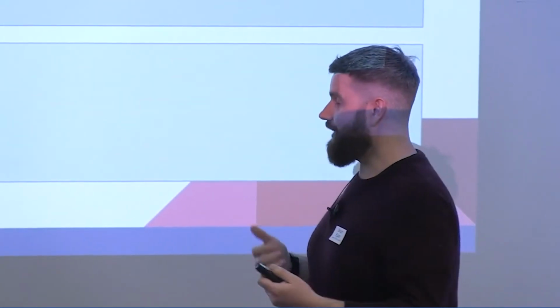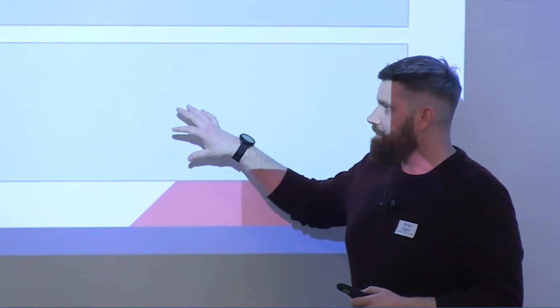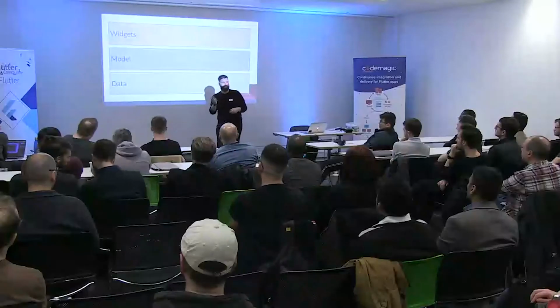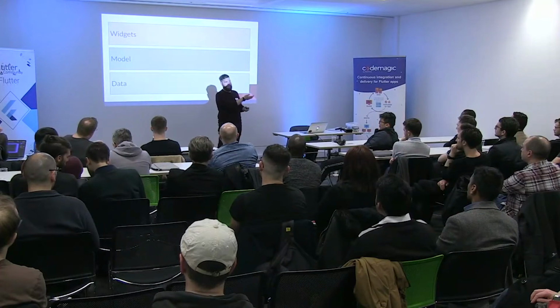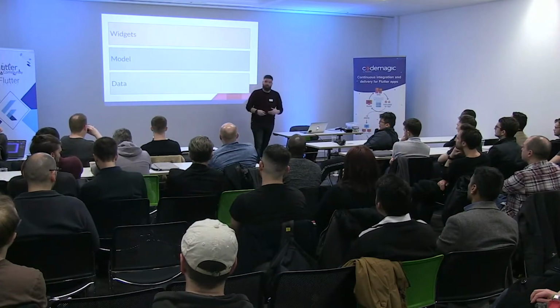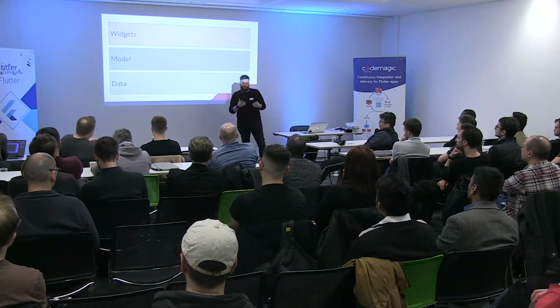I'm just trying to simplify this a bit for people who are getting into architectures for the first time. And then finally, you're going to have something like a data layer. That part of your stateful widget that was actually talking to Firebase or your backend, you can extract out into its own class or its own function. And you might be wondering, okay, why would you do this?